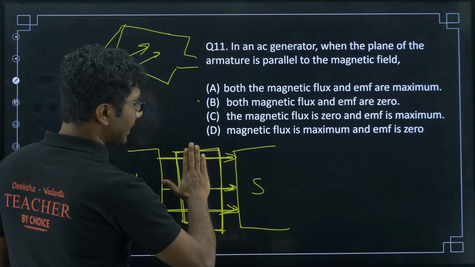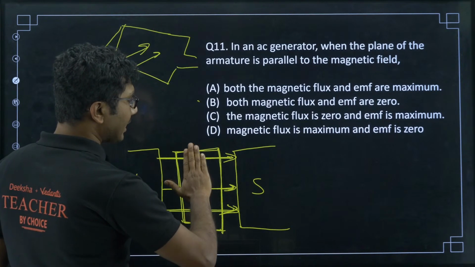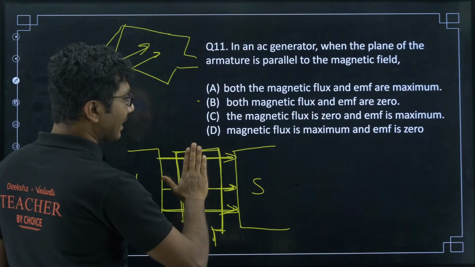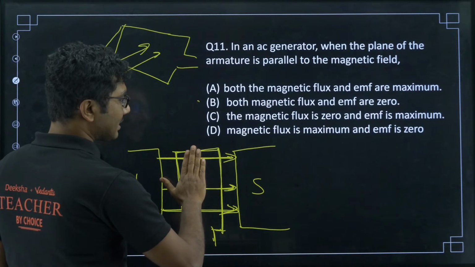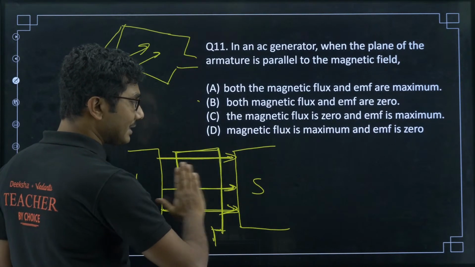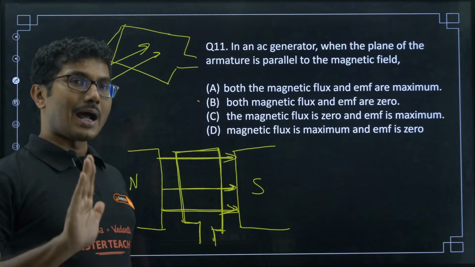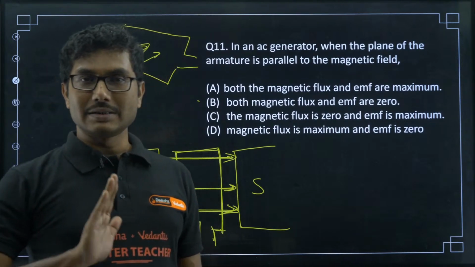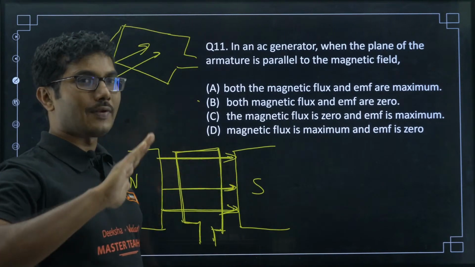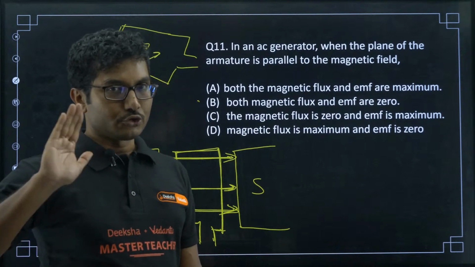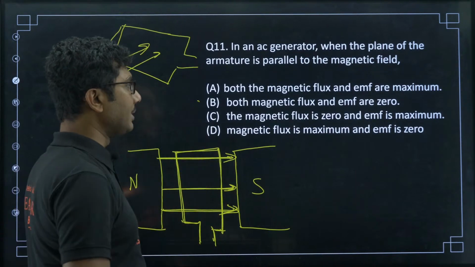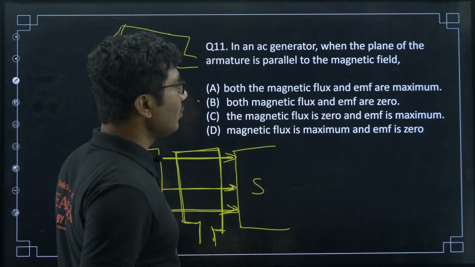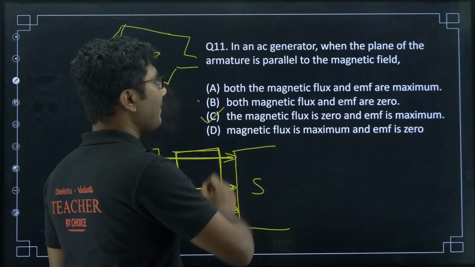Now, suddenly it rotates like this, and when it comes here, the change in the magnetic flux is now maximum. Even though the flux linked at this moment is 0, the rate of change of flux is maximum. So, the flux is 0, but EMF is maximum.